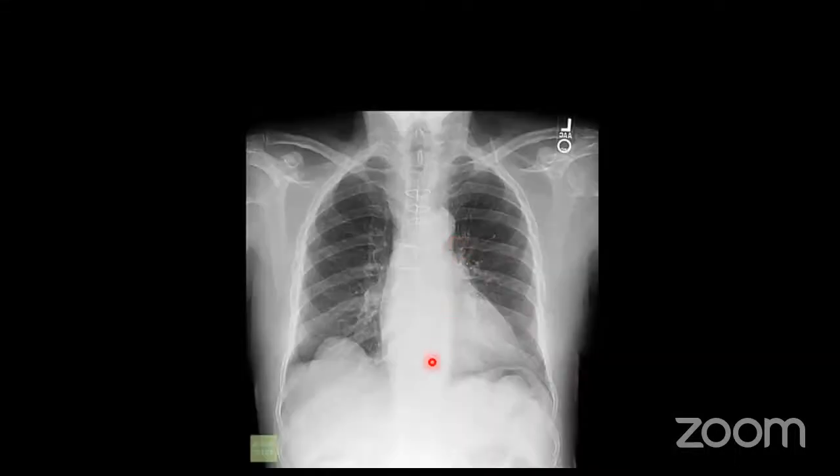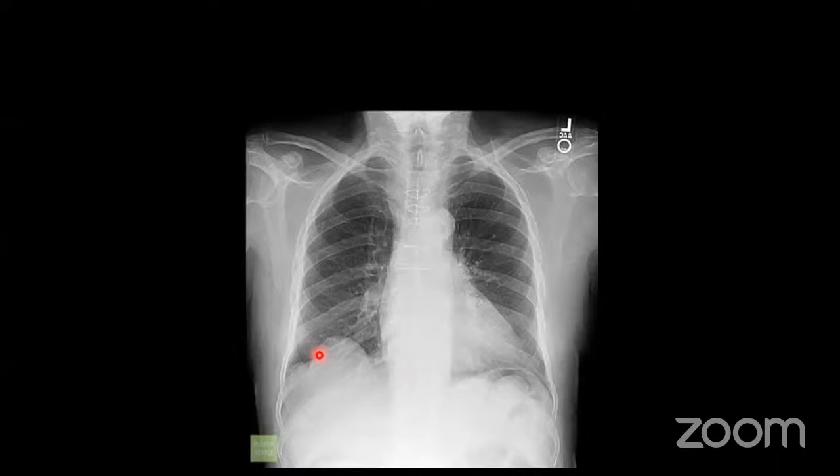So this is the picture. You must be familiar with this. On the right dome of the diaphragm, the medial side is much more convex upward. But there is no pneumonia, so it is not due to basal pneumonia. So it is the anteromedial musculature weakness of the right dome of the diaphragm.